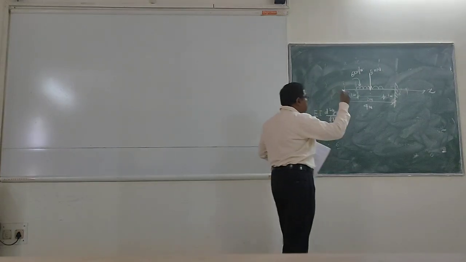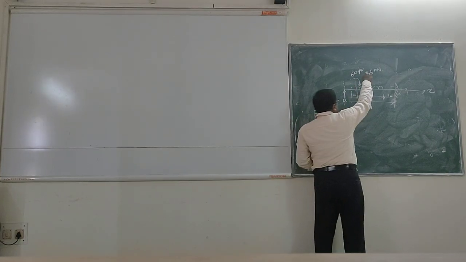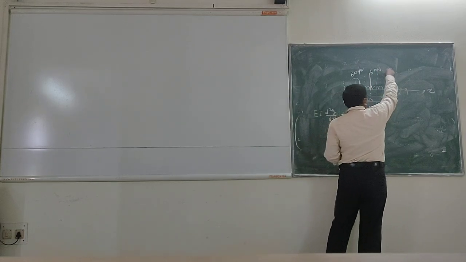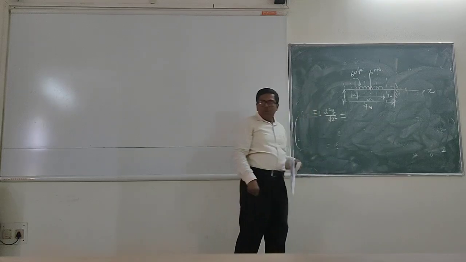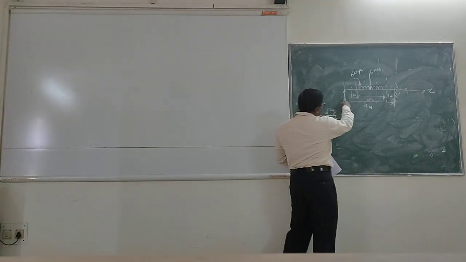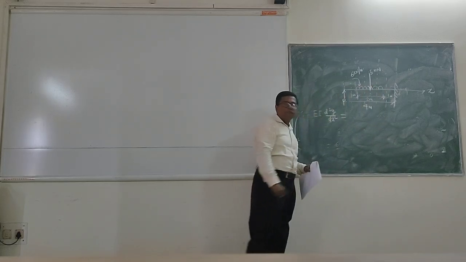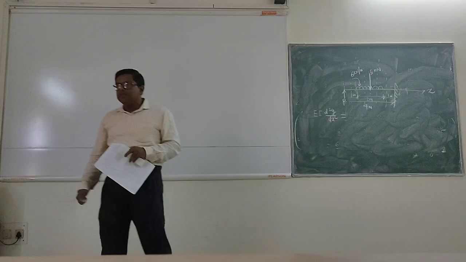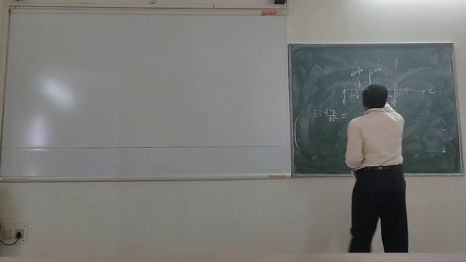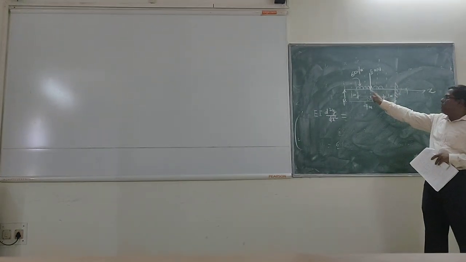I take any section anywhere, at x. The moment due to this P at any of these sections will be P into x. Nothing else. Correct? Also for this 5 kilonewton load, what will be the moment? If I go beyond this, then moment will come for this.